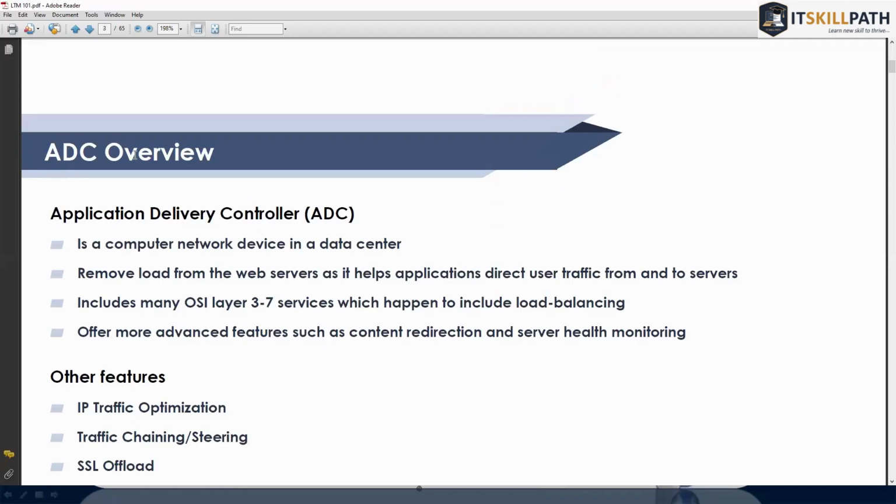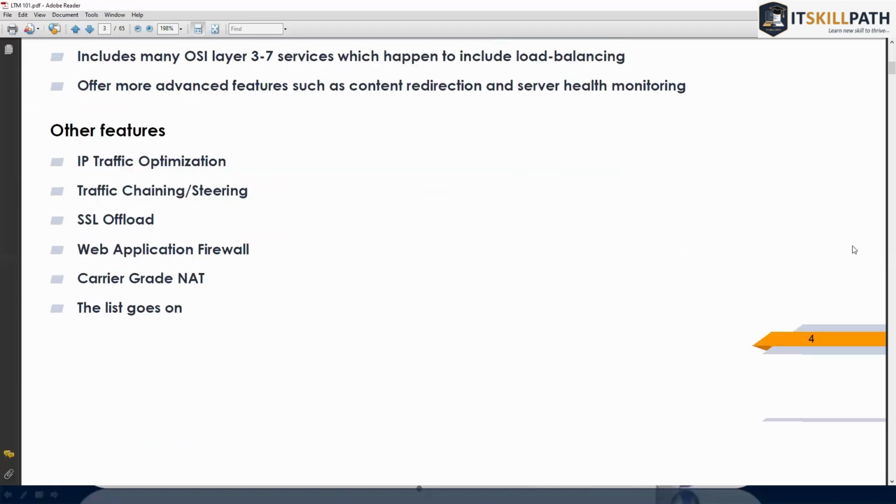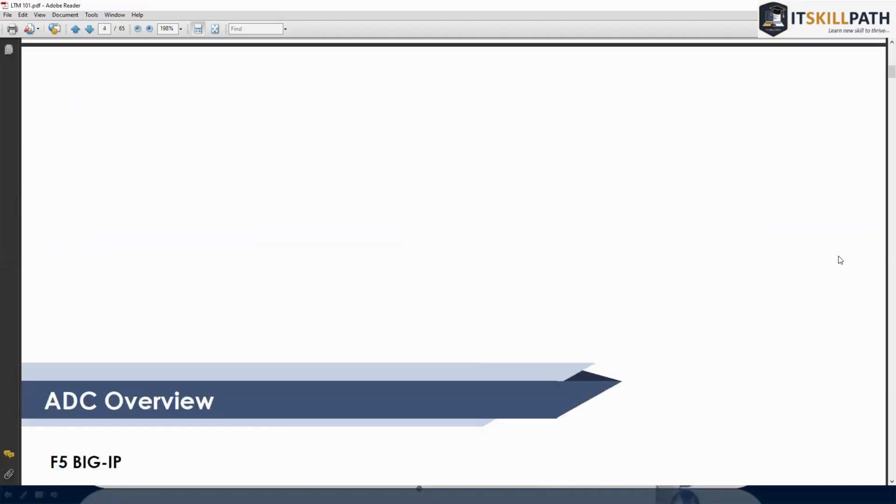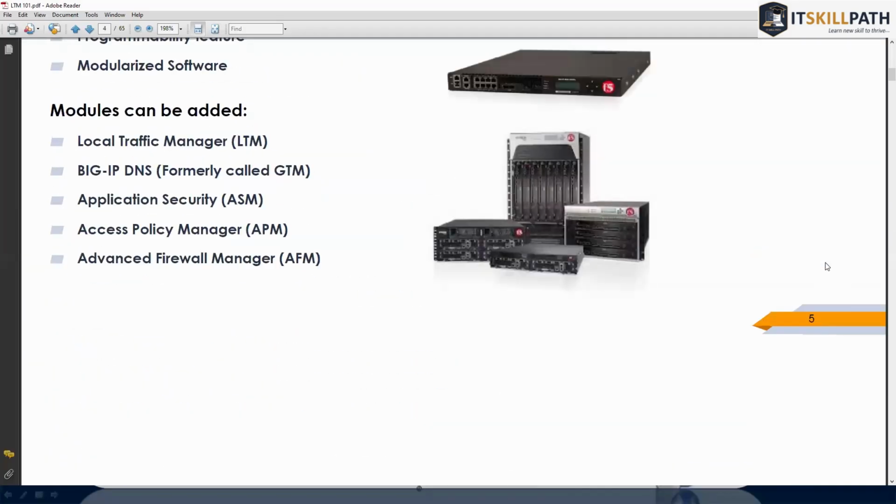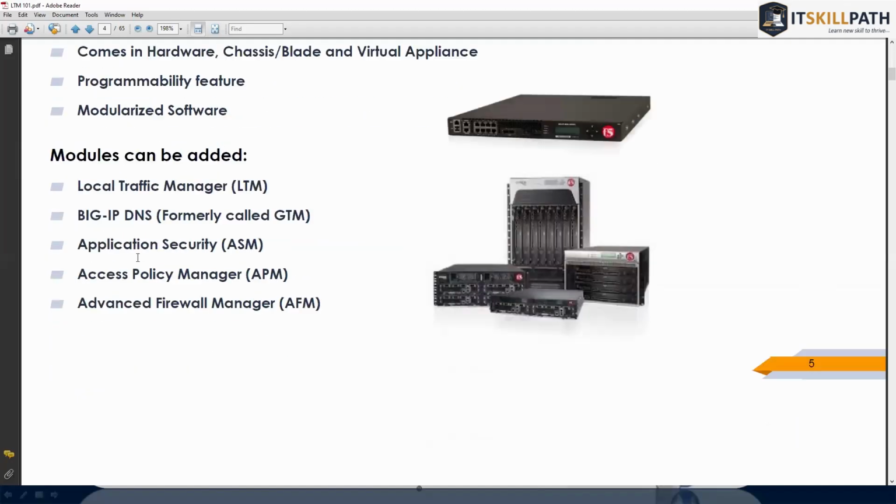As I mentioned, F5 is not limited to a load balancer. It's called an application delivery controller. It could be a network device, and we can also install F5 on a virtual machine. I'll cover these terms later.